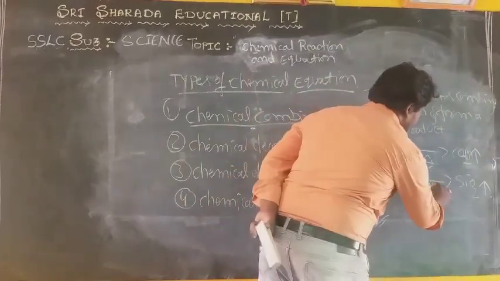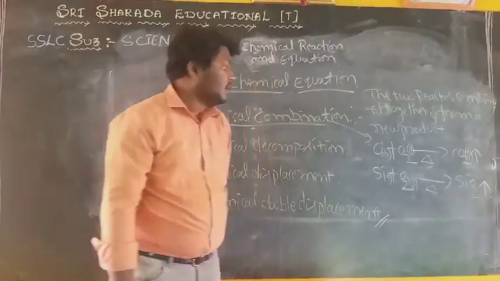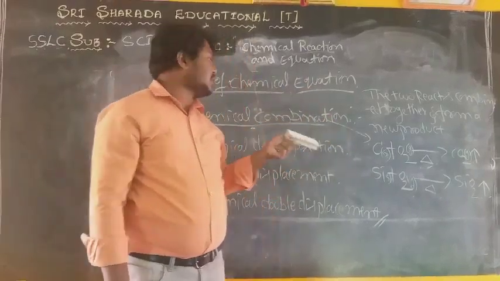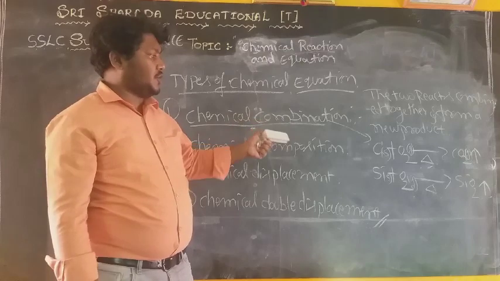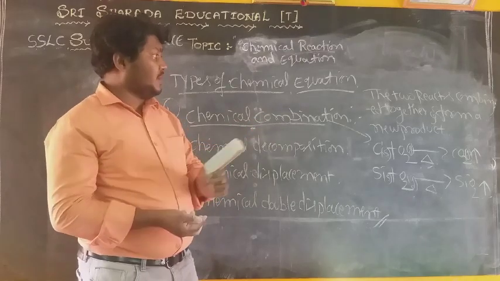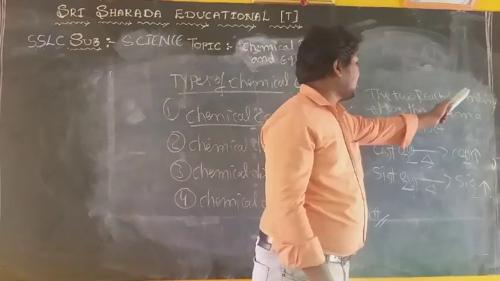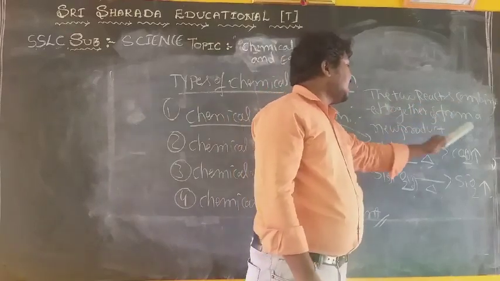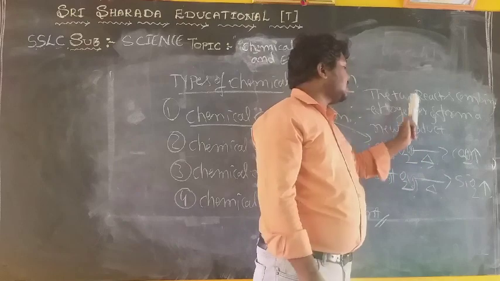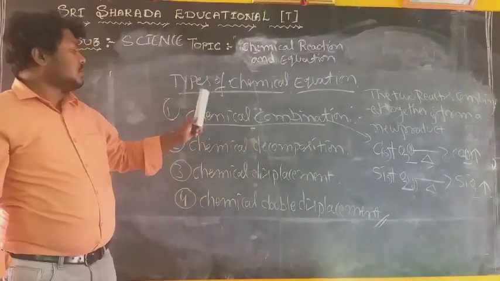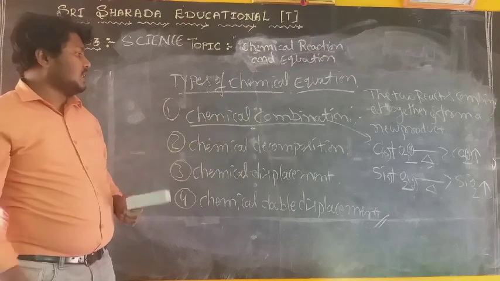Here also we represent the heat. Okay. So like that we can give many examples for chemical combination. Chemical combination is nothing but two reactants combining together to form a new product. Okay. So this is about chemical combination.